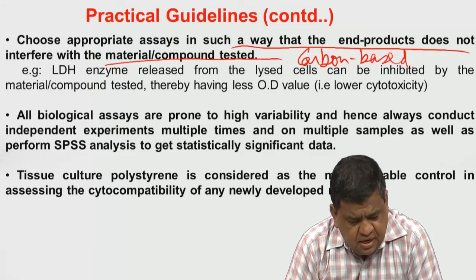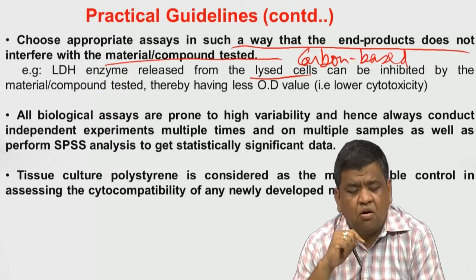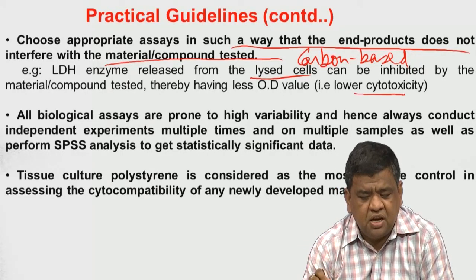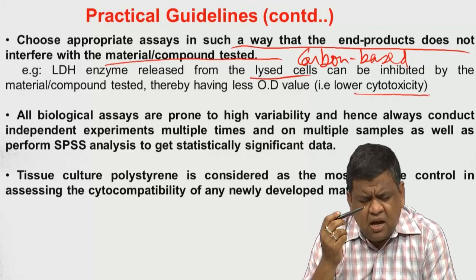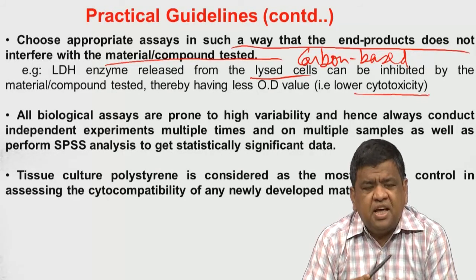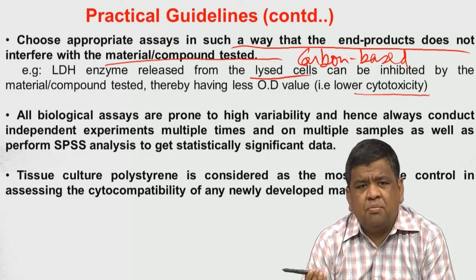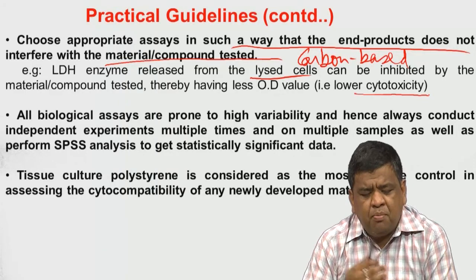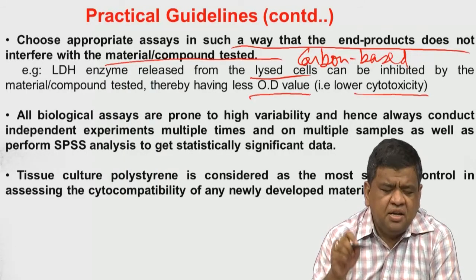Then another example is that LDH enzyme released from lysed cells can be inhibited by the material or compound tested, and thereby give less optical density values or lower cytotoxicity. So, although most of the cells are lysed, the origin of this LDH assay is that LDH is an enzyme which is present in the cytoplasm or cytosol that has to come out of the cells into the medium, and unless that LDH in an appropriate amount is released into the medium, you do not have any way to measure the optical density values.